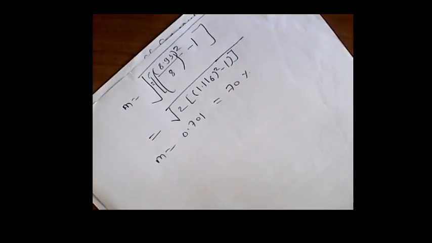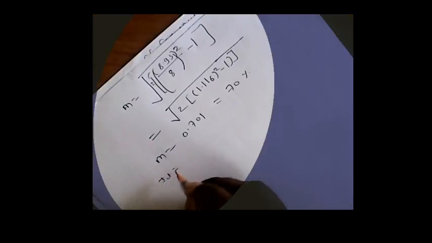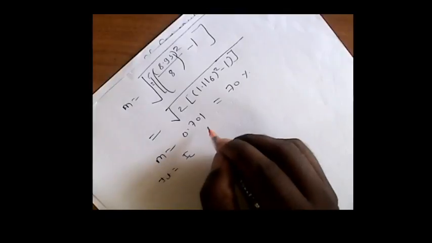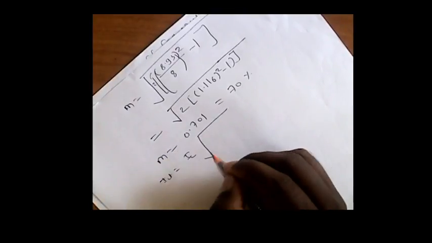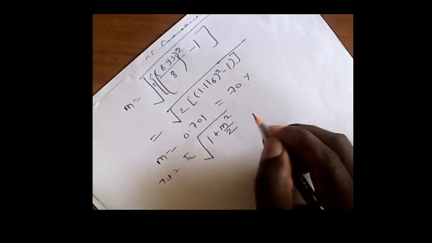In the second part, when the modulation index changes from 0.7 to 0.8, the total current is IC times the square root of 1 plus m square divided by 2.